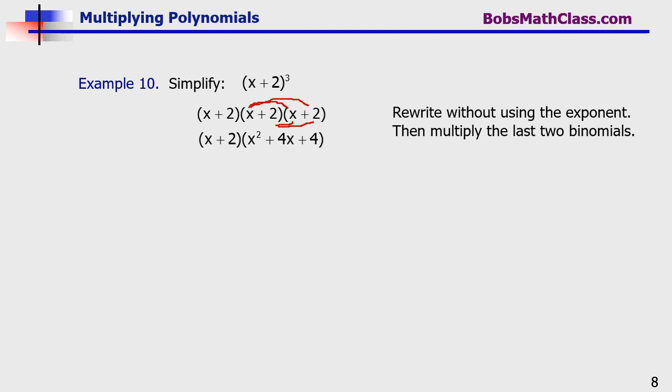Now we're going to distribute the x plus 2 that's in front. So we're going to do x times x squared, x times 4x, x times 4, 2 times x squared, 2 times 4x, 2 times 4.